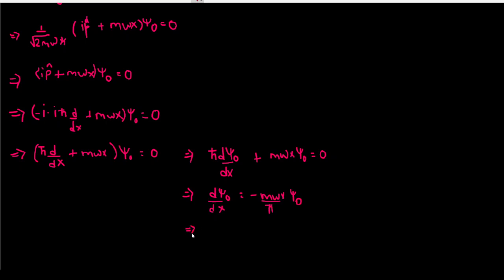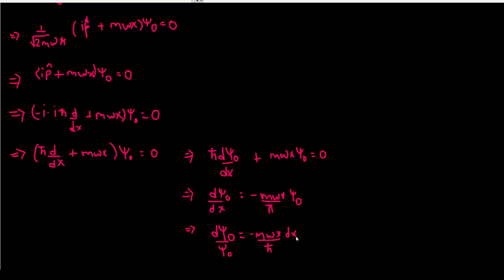After doing some separation, we can solve this differential equation by the separable solutions method. It means putting the psi naught variable with psi naught and the x variable with x. So we can write it as d psi naught divided by psi naught is equal to negative m omega x divided by h-cut dx. So this is our differential equation.